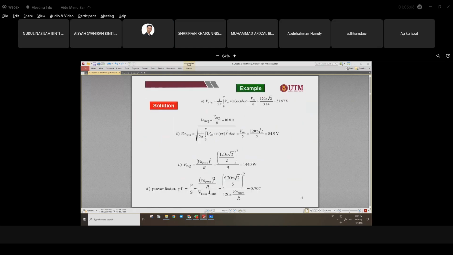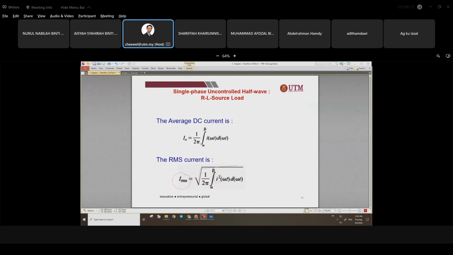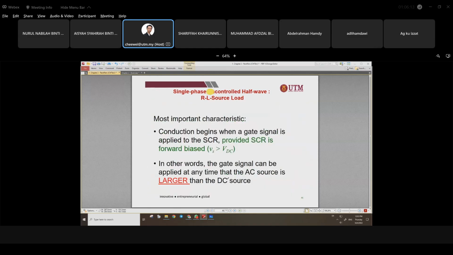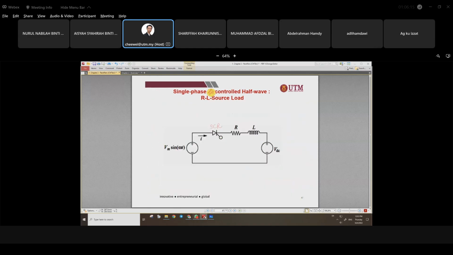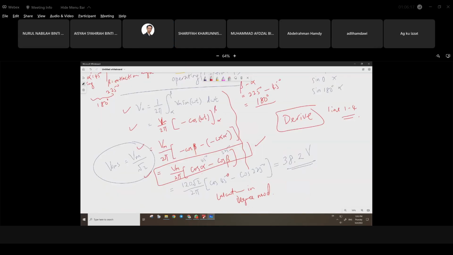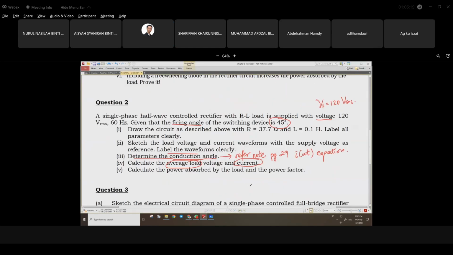So many slides, cannot find. I can use the equation I out equals V out over R, provided. What is condition 1? Condition 2? Yeah, continuous current.